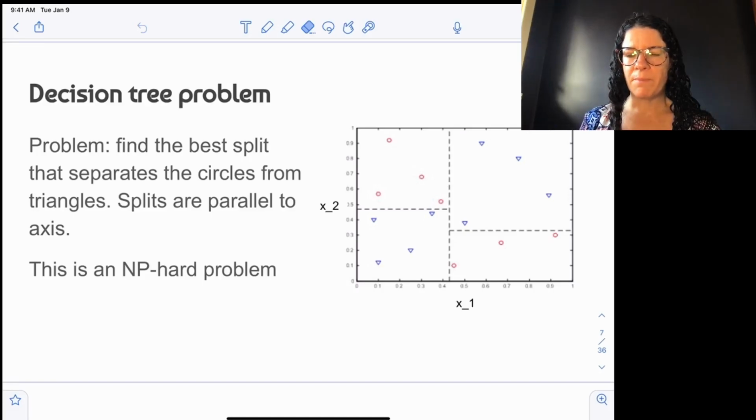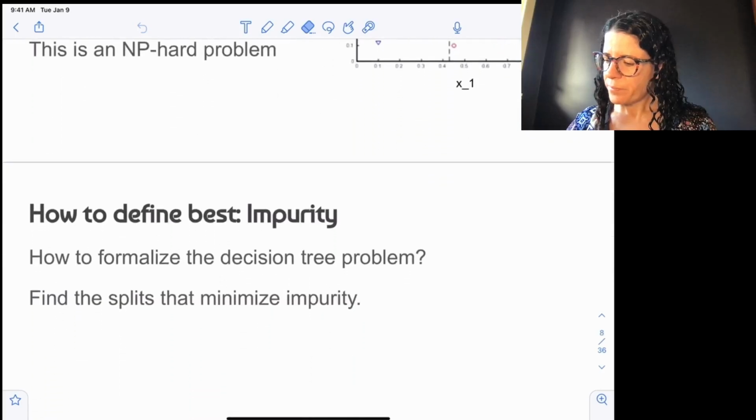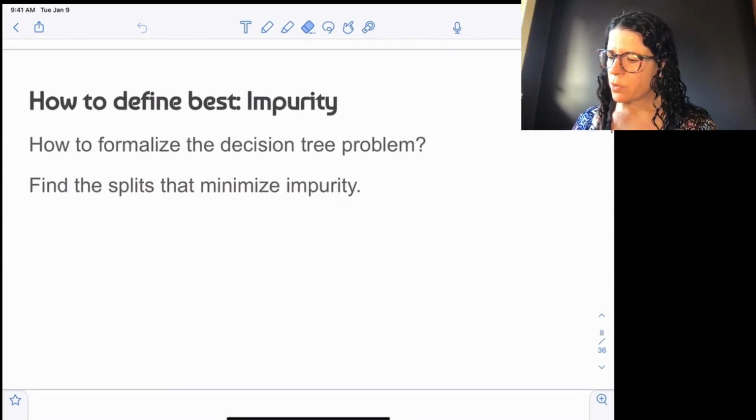Now, in general, finding these best splits is an NP-hard problem. It's a very hard problem to solve exactly, so what we do is solve it approximately.